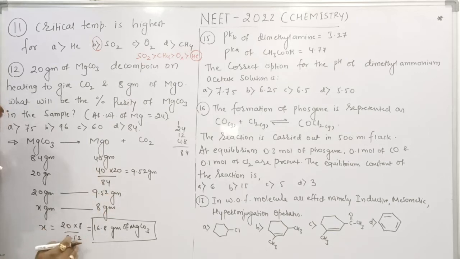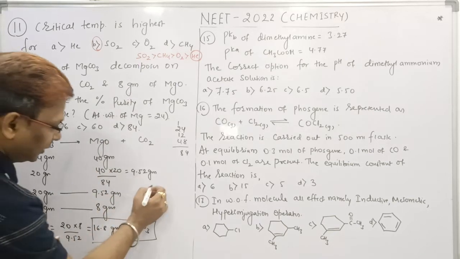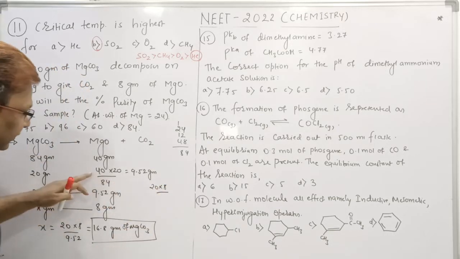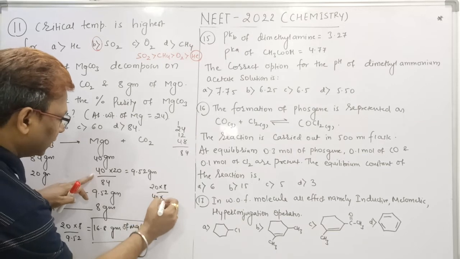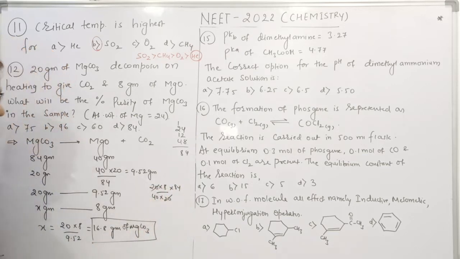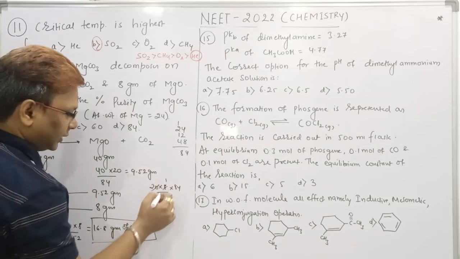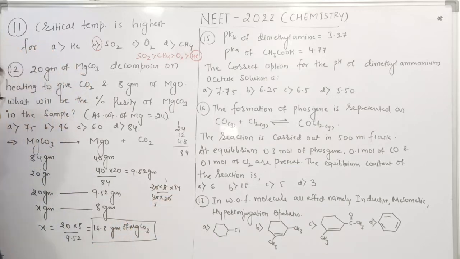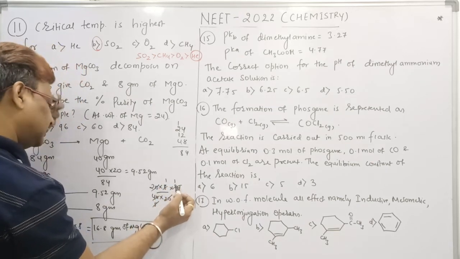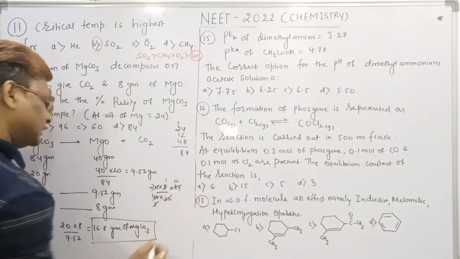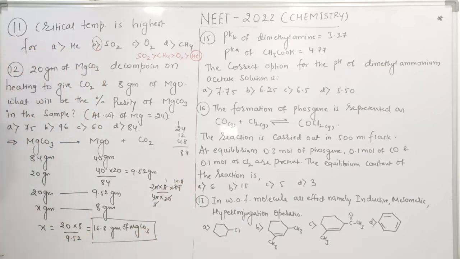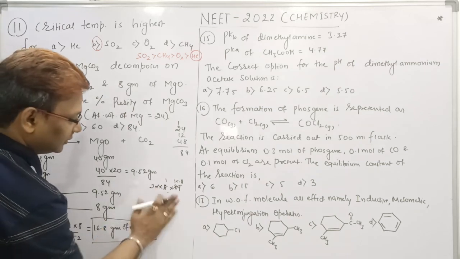So instead of writing this, can we do the calculation this way: 20 into 8 by, instead of 9.52, 40 into 20 by 84? 20 gets cancelled, right? That gives 16.8 gram of the magnesium carbonate, right?